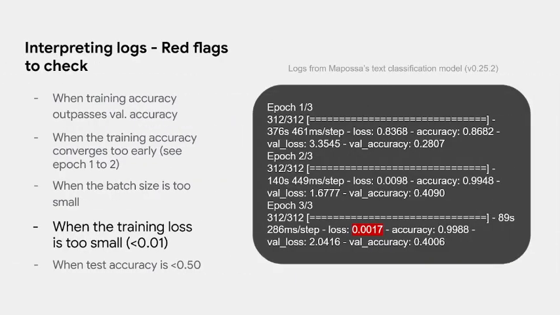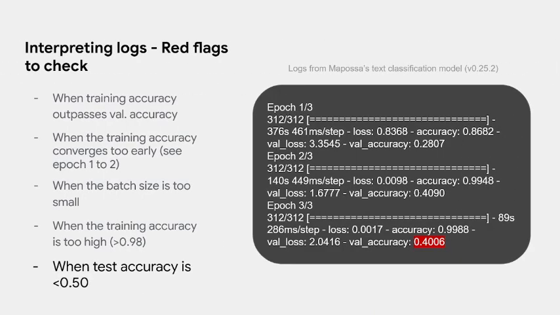Next, when the training loss is too small, like less than 0.01, that actually means the model is way too confident of itself. So when the model becomes overconfident, that's a sign of overfitting, which is never something to wish to have. It's not something positive.